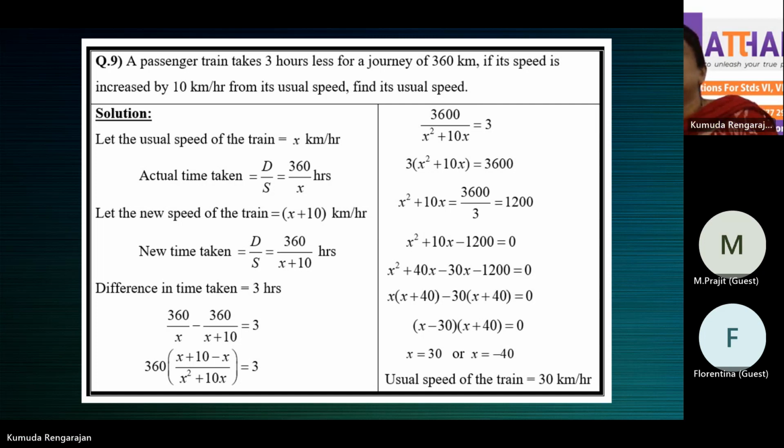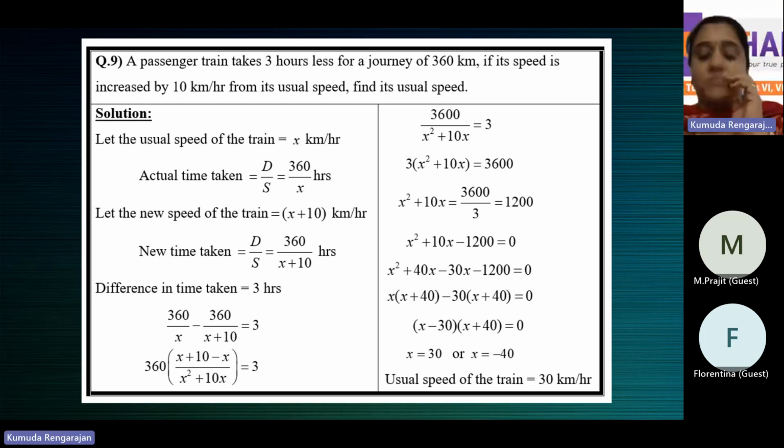Better. And Raja? Yeah, I saw that. Done, children?